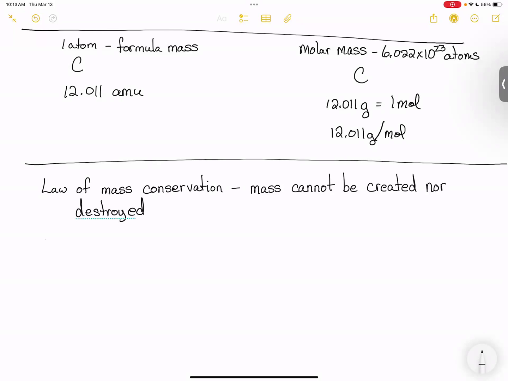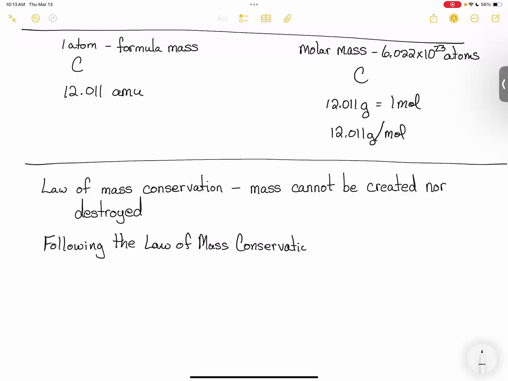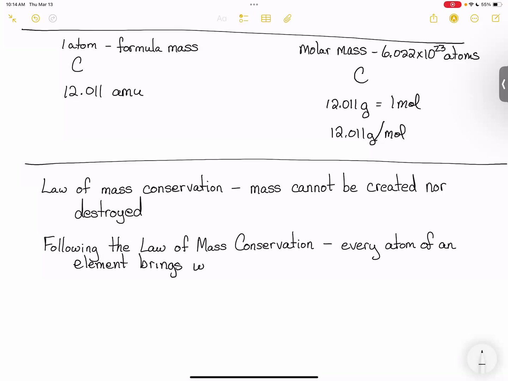What that means, following the law of mass conservation, is that every atom of an element brings with it its own mass when making compounds.